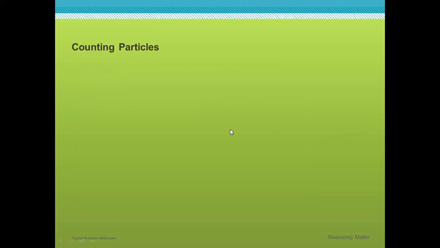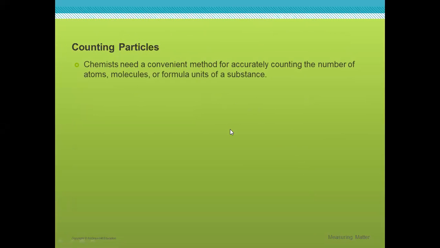After that, counting particles. How can we count particles? Chemists need a conventional method for accurately counting the number of atoms, molecules, or formula units of a substance. So, what's meant by mole?